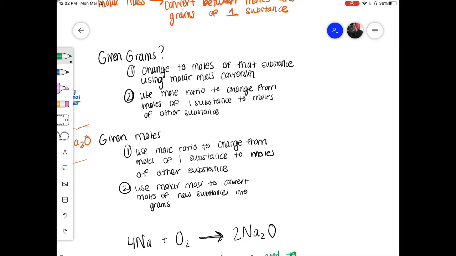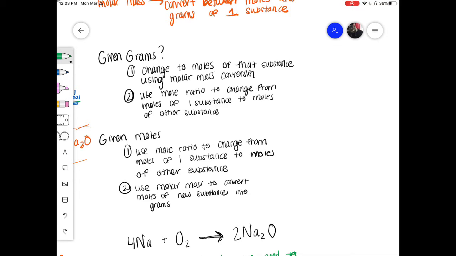If we're given moles, we're going to flip the order in which we use them. Because we're already in moles, we can go ahead and use the mole ratio right away to change from moles of substance A to moles of substance B. We're not given grams to start with, so we don't have to worry about changing that into moles first.